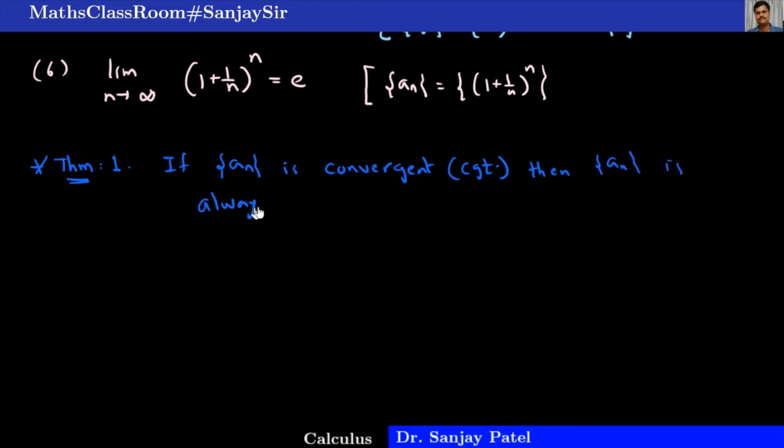So every convergent sequence is bounded, means all terms of that sequence will be lying between some two constants.